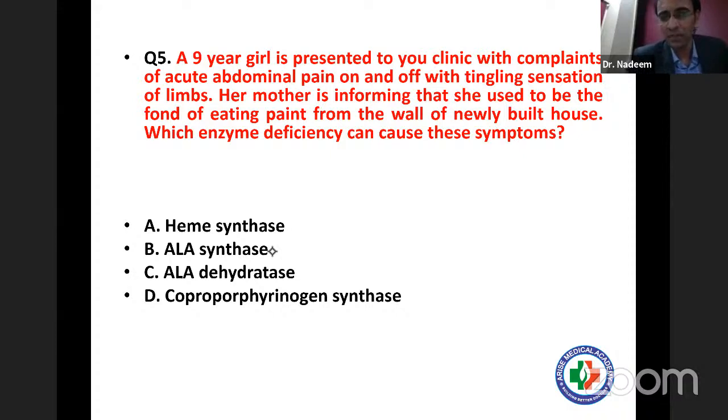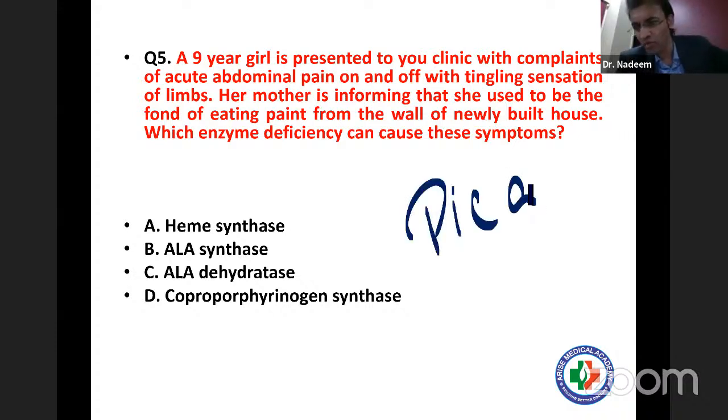So basically, my 9-year-old patient is having a psychiatric problem, I can say. That is called pica. Most young patients have this kind of disorder.